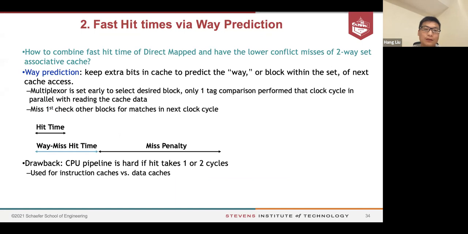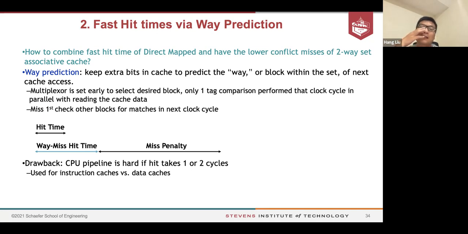We can also get a faster hit time via way prediction. How do we combine the fast hit time of direct mapped with the lower conflict misses of two-way set associativity?